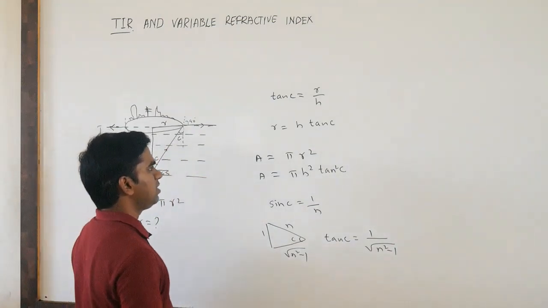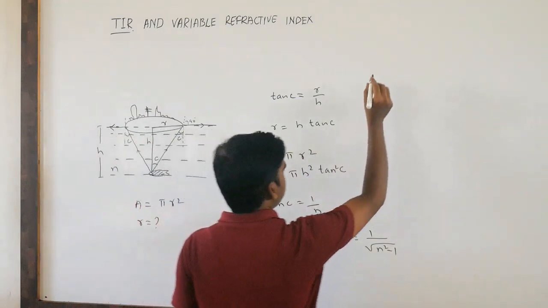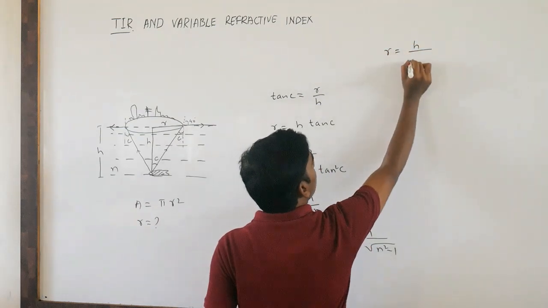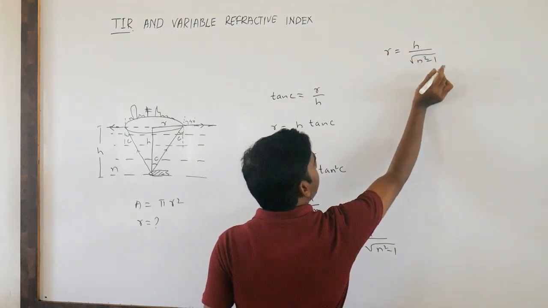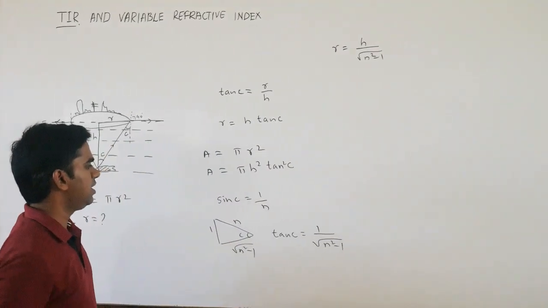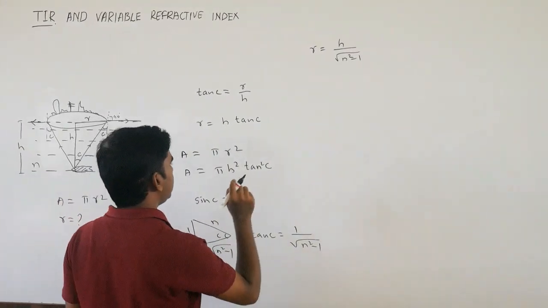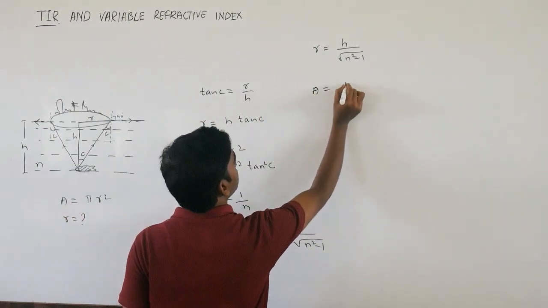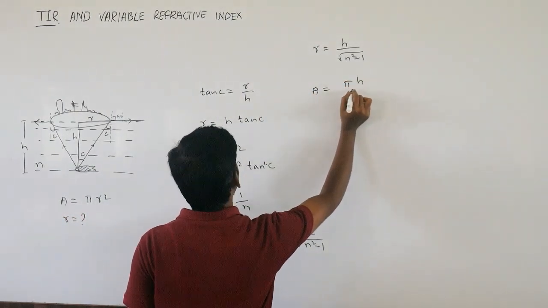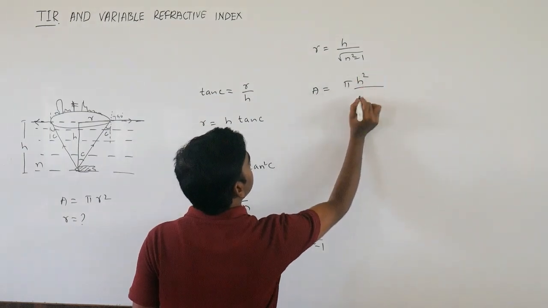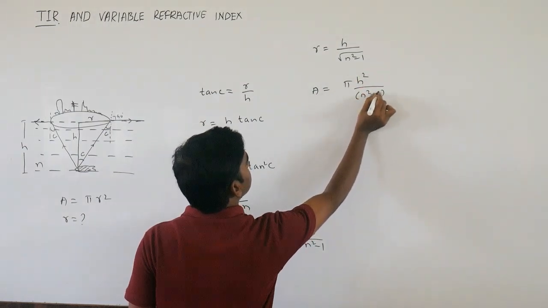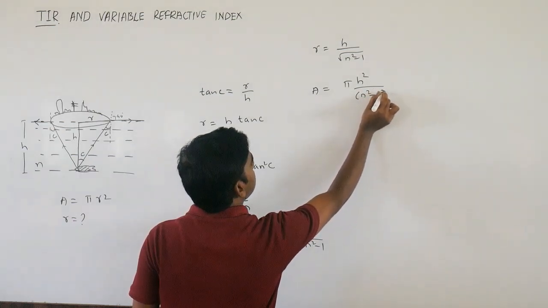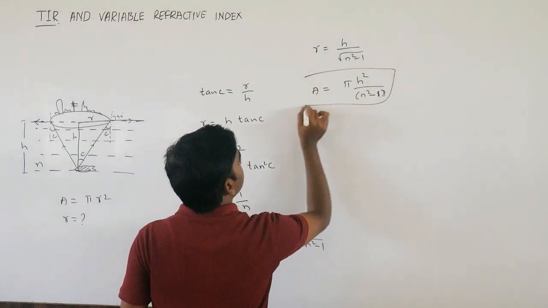So you can replace tan C, and r will become h divided by root of n square minus 1. So how can we find the area? Area is going to be pi h square divided by n square minus 1. This is the equation for area.